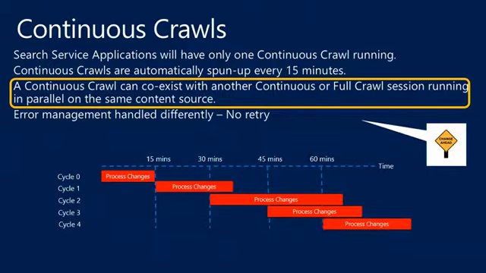Then when the next one starts, after 15 minutes, which is the schedule here, another cookie is written, and all the changes since the last one, even if it's not been complete, are collected by the search indexer. So we're maintaining this continuous log of changes every 15 minutes. The engine can run, and even though the crawl hasn't finished, a new crawl can start. It's just this continuous kind of loop. It's the same process, but multiple parallel crawls.